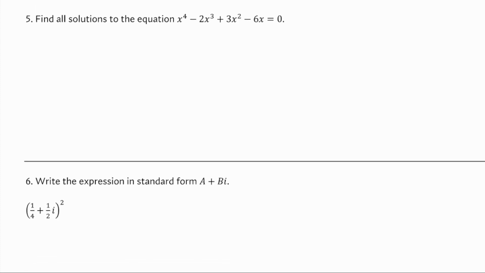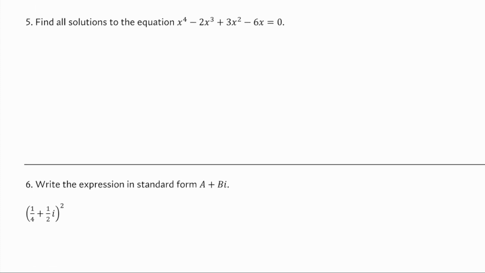Okay, this next one, find all solutions to the equation. You get asked to solve a polynomial equation in this class, so you're going to have to set it equal to 0, unless it's only got one term with an x in it, then we can solve it directly. And if we set it equal to 0, pretty much we're either factoring or using the quadratic formula, rational root theorem, something like that, which is way worse. So you should see an equation and hope to be able to factor it.